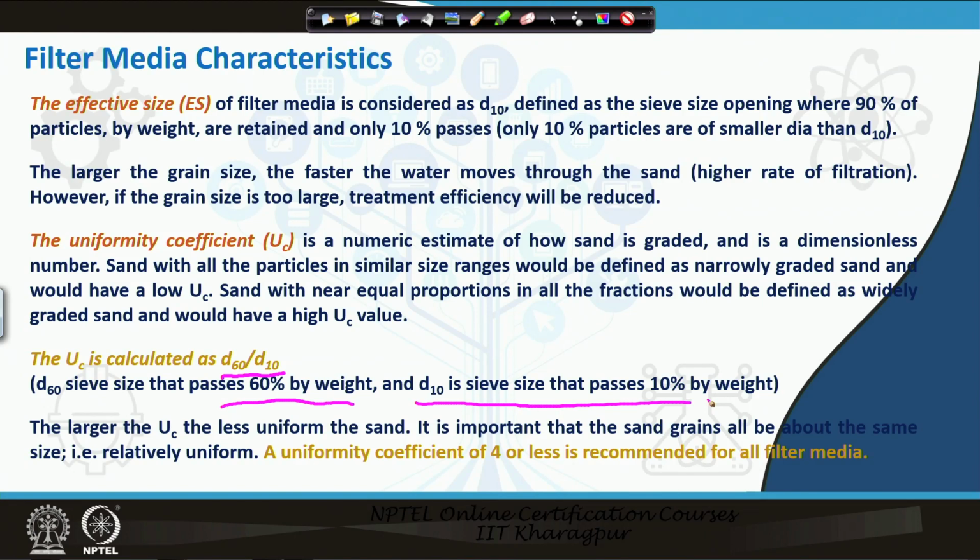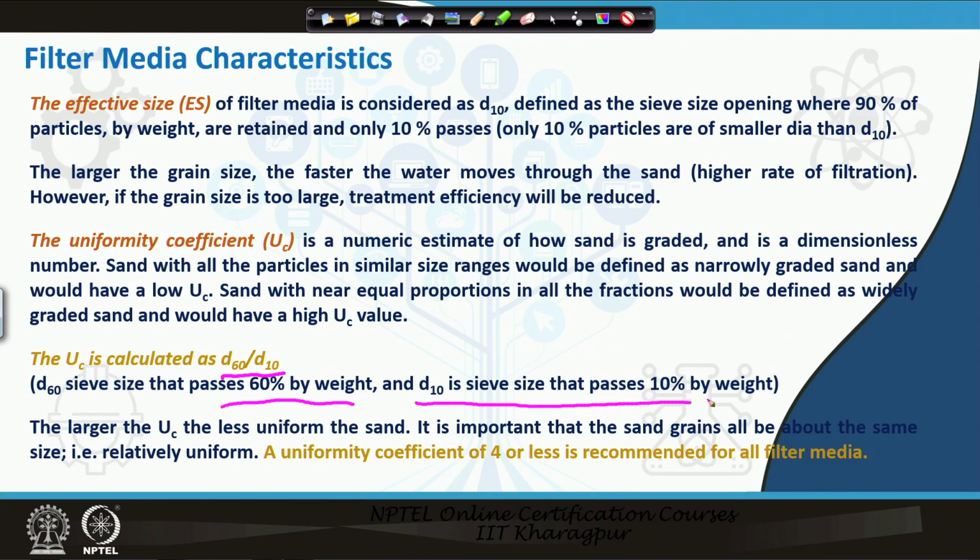The sand which has all the particles in a similar range would be defined as a narrowly graded sand and will have a low uniformity coefficient. The uniformity coefficient is going to be low because all the particles are of similar size.